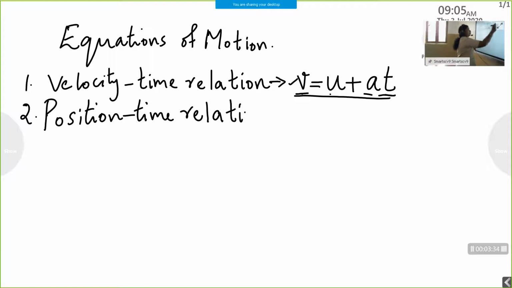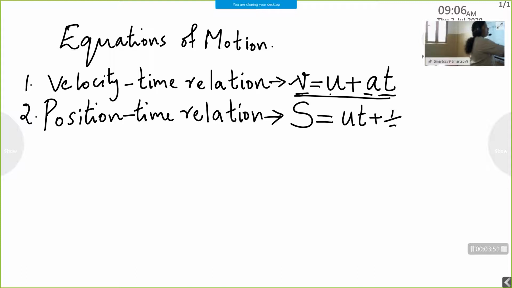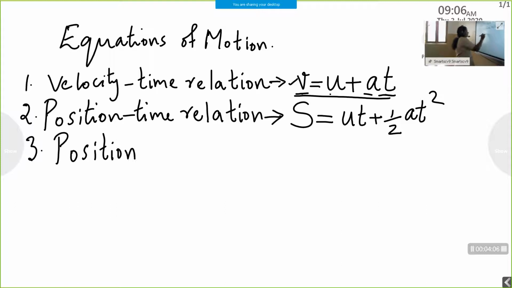So generally it is the position time relation. The second equation of motion is also called the position time relation, and the distance or displacement is represented by capital letter S. So the equation I am going to write is S is equal to ut plus half a t square. That is the second equation. The third equation is the position velocity relation.